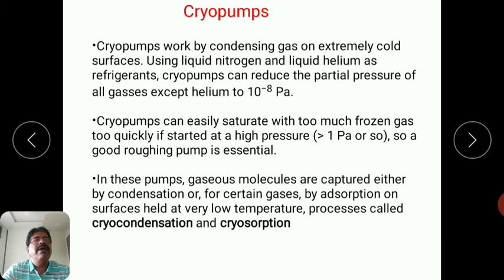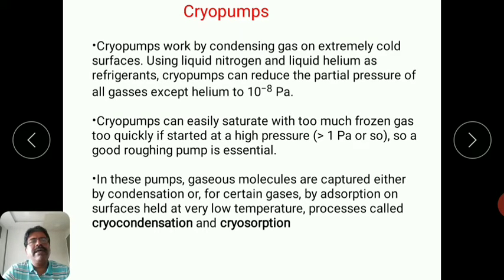These cryo pumps work on the principle of condensing the gas on extremely cold surfaces. So a cold surface is involved in the cryo pump, which is maintained at a very low temperature, and the gas molecules will condense on this cold surface.